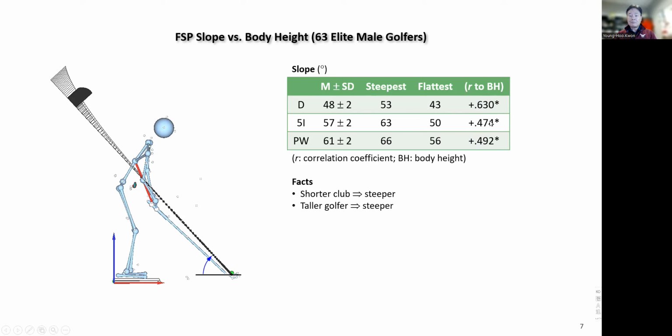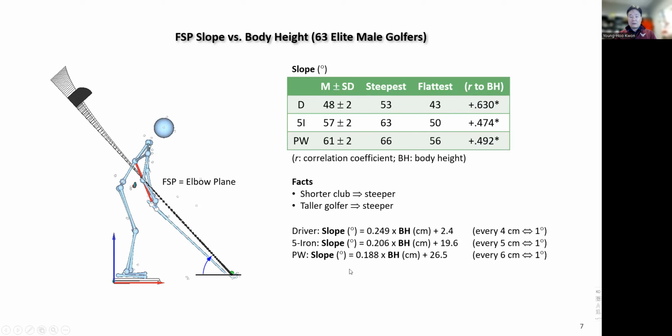So I tried to develop a prediction equation using the height of the golfer. Here are the equations. For the driver, the average slope in degrees is equal to 0.249 times the body height of the golfer in centimeters plus 2.4.